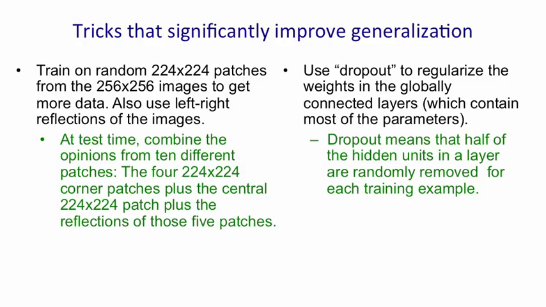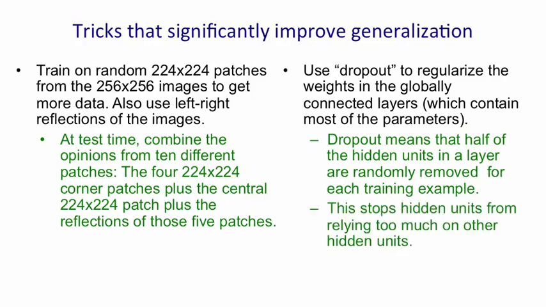So they have to become more individualist. They have to individually do useful things. But they still have to do useful things that are different from what the other survivors do. So dropout is stopping too much cooperation between the hidden units. And a lot of cooperation is very good for fitting the training data, but if the test distribution is significantly different, then all that cooperation causes overfitting.